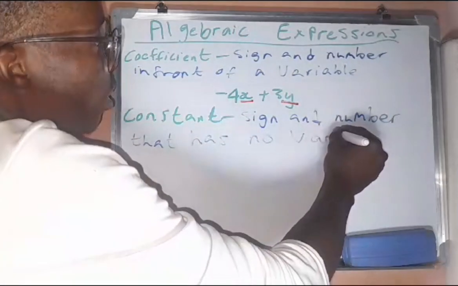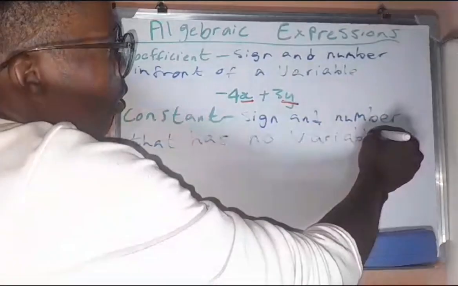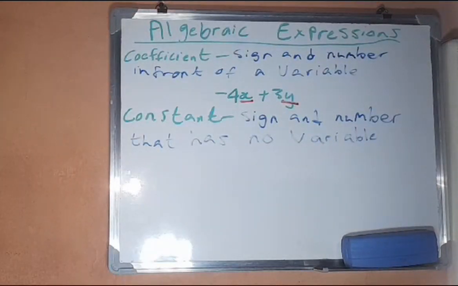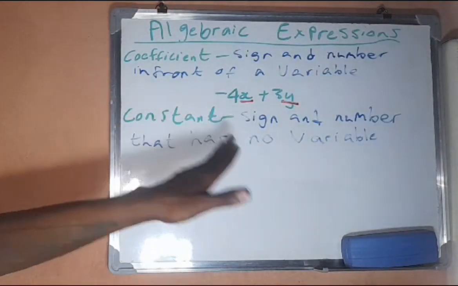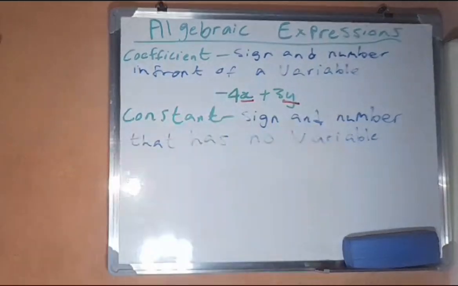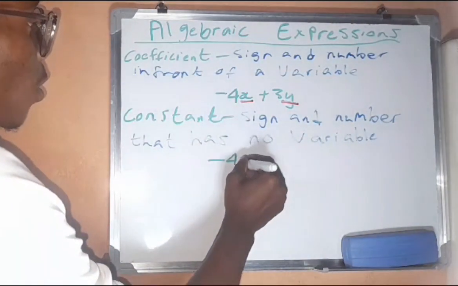I think this is precise and self-explanatory. So a constant is a sign and number that has no variable.